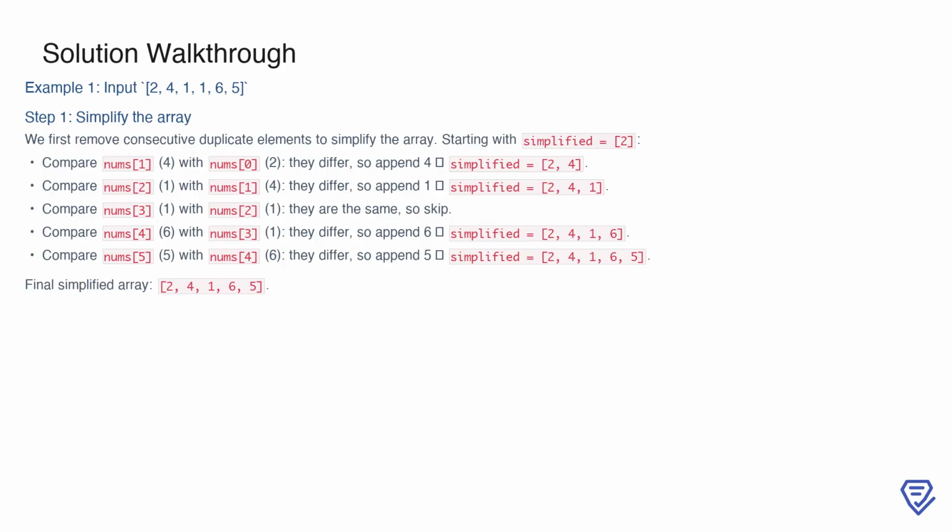For example, comparing 4 with 2, they are different, so we append 4, making the array 2, 4. Similarly, 1 is different from 4, so we append 1. When we compare the next one with the previous one, they are the same, so we skip it. Then, 6 is different from 1, so we append it, and finally, 5 is different from 6, so we append it. This process results in the final simplified array, 2, 4, 1, 6, 5, which we'll use for the next steps.